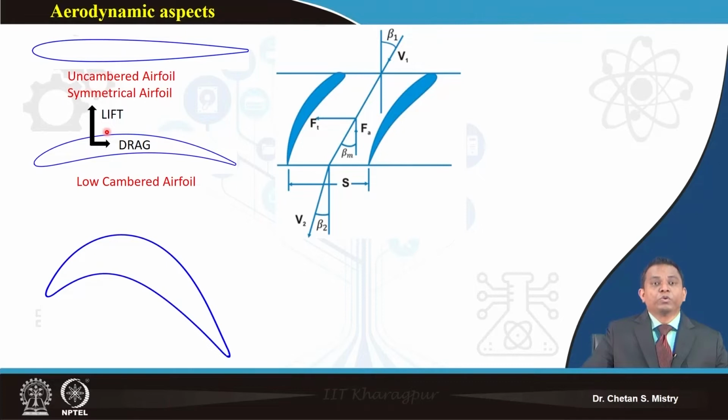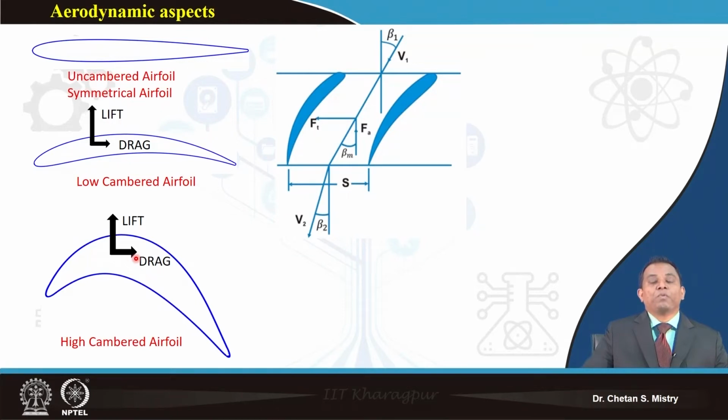Now let me introduce a new kind of airfoil here. Here the blade angle is very large, and that is called a large cambered airfoil. Large cambered airfoils are used for turbines. For this also I will have a lifting force and a drag force.